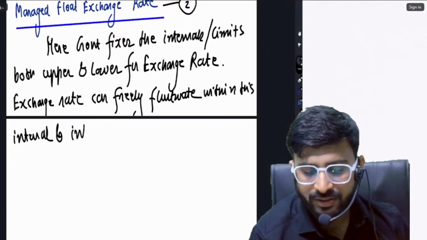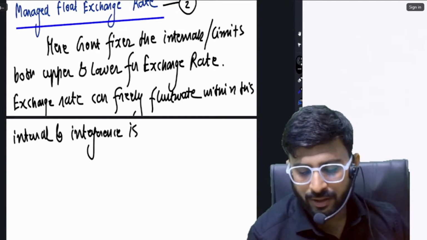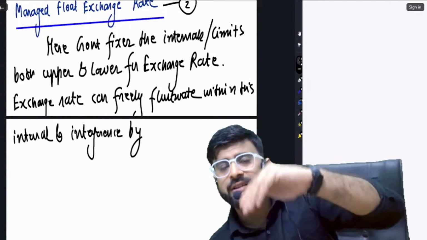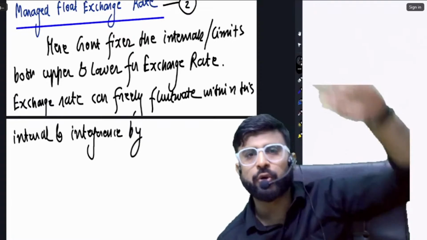And interference by the government, when will the government interfere? When the exchange rate is trying to cross the ceiling margin, that is the top ceiling or the bottom floor.